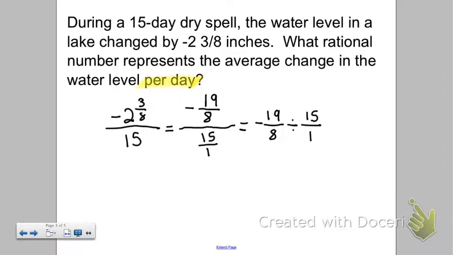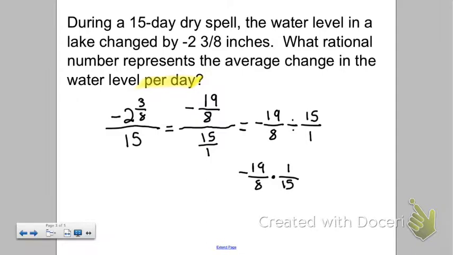When you're dividing fractions, we're going to keep our first fraction. So I'm going to keep this as negative 19 over 8. I'm going to change this to multiplication and flip my second fraction to be 1 over 15.